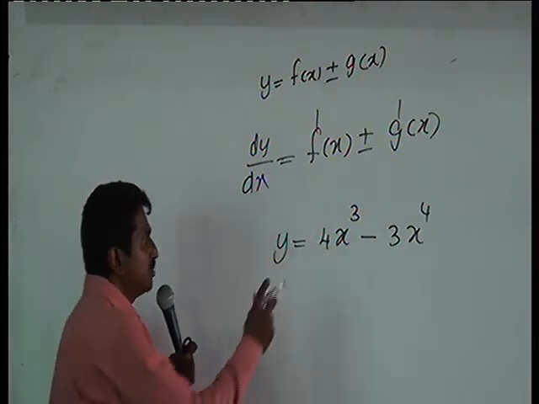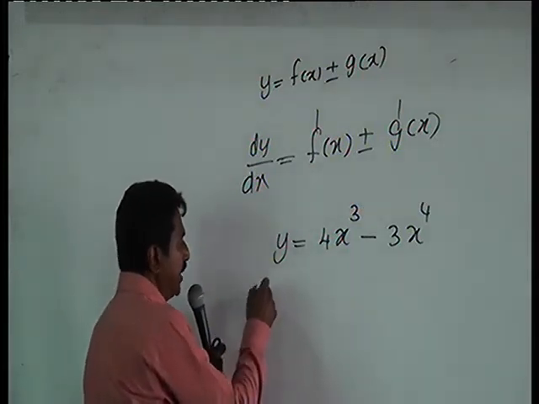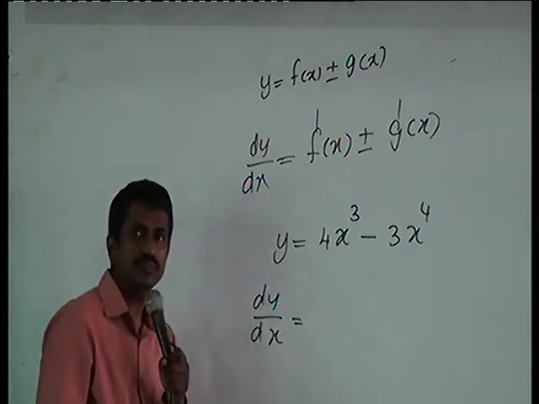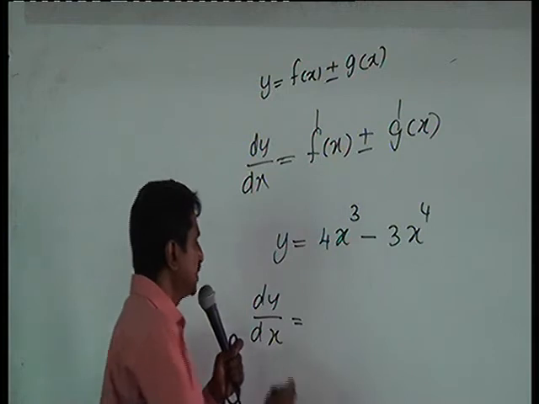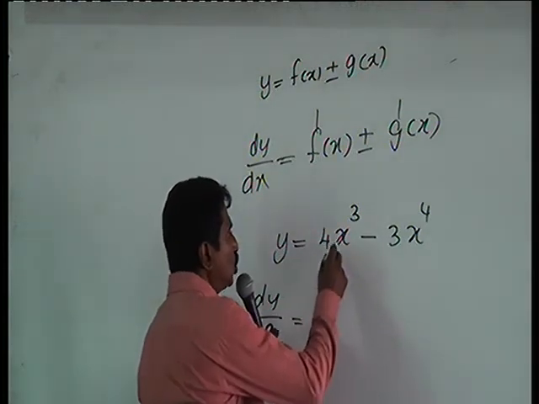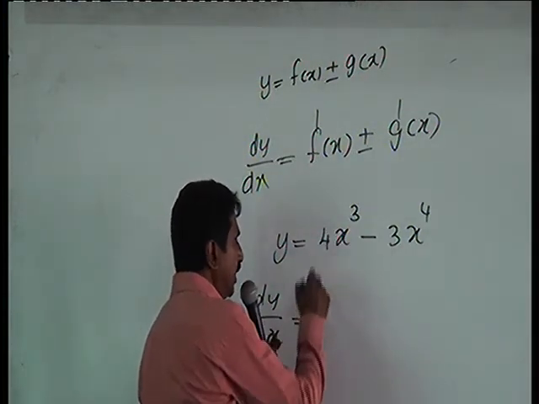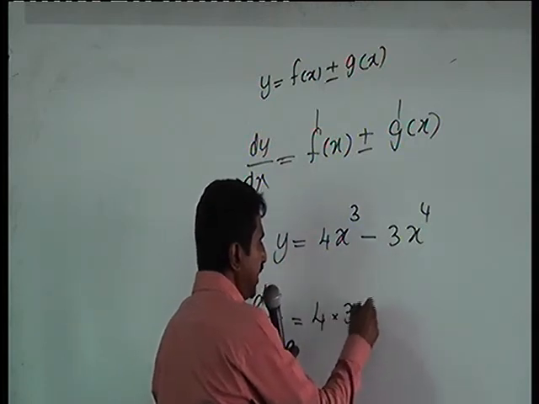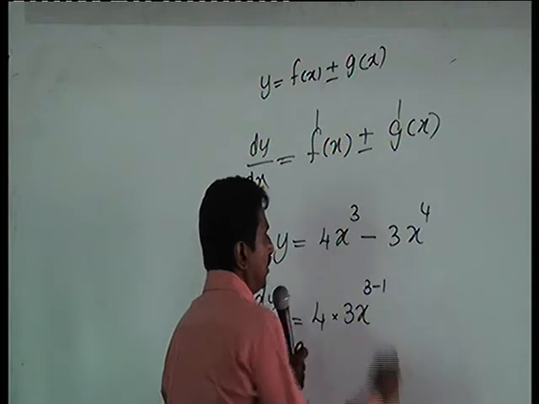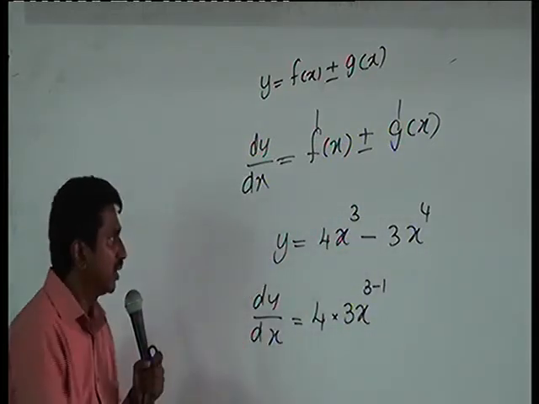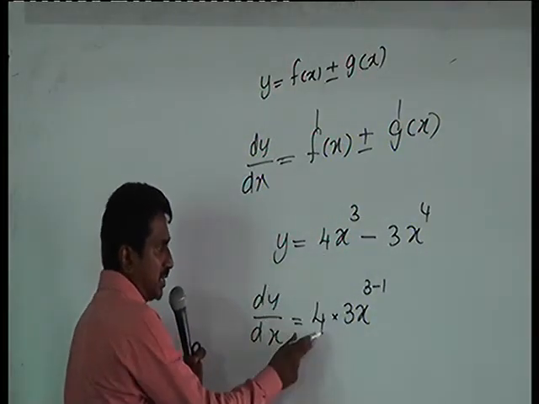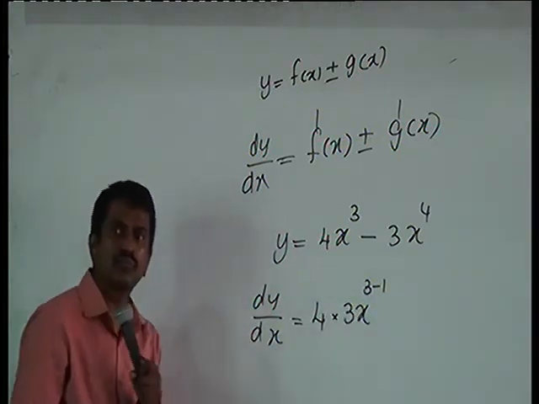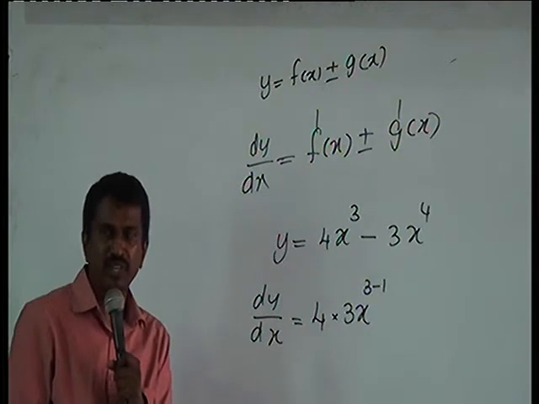We have to differentiate them separately. So dy by dx is equal to, for 4x to the power 3, write the coefficient as it is, 4 into 3x to the power 3 minus 1. 4, that is a coefficient, keep it as it is, 3x to the power 3 minus 1.